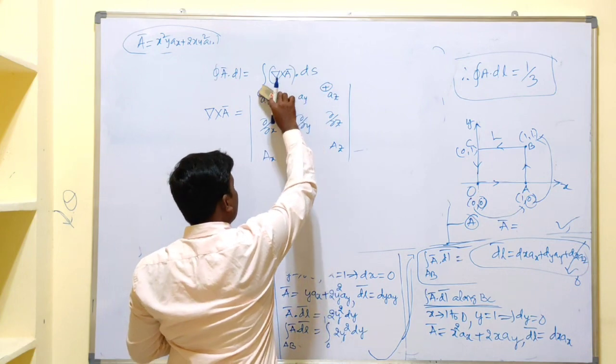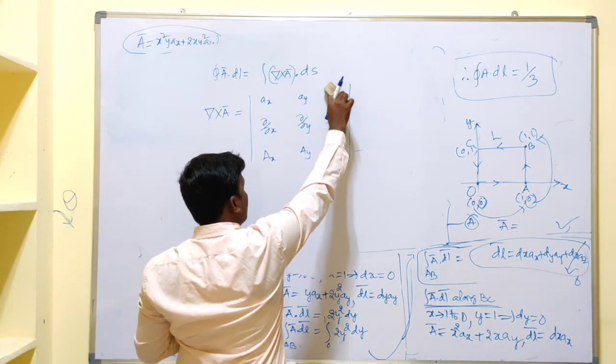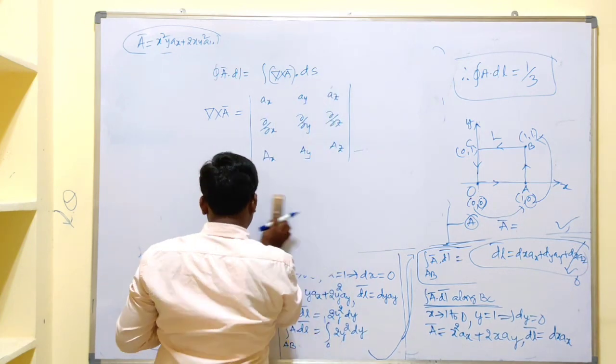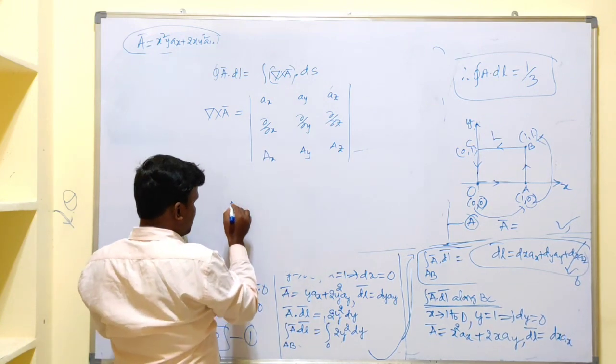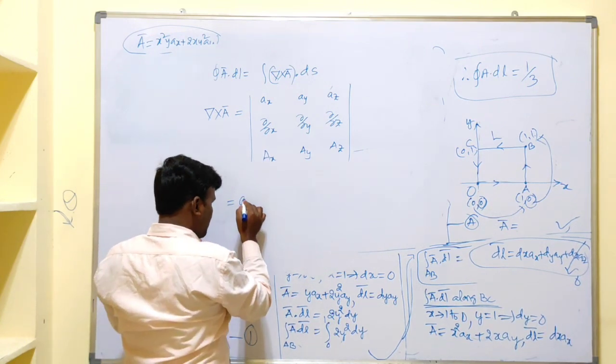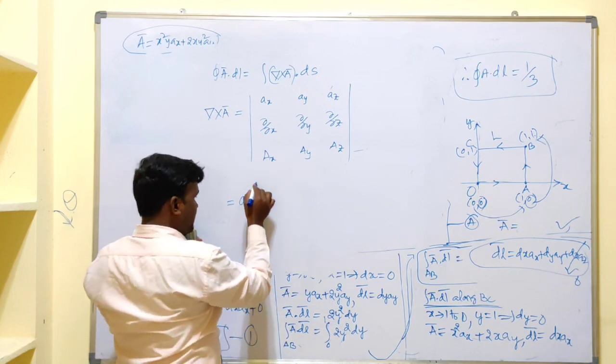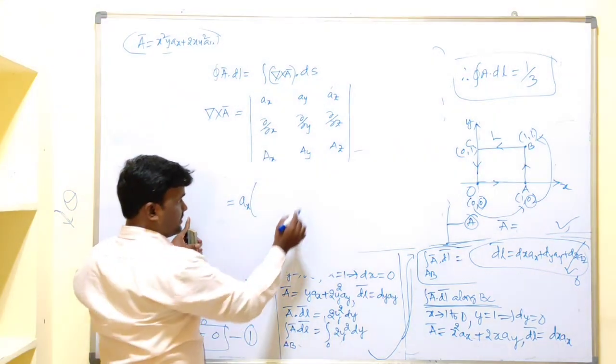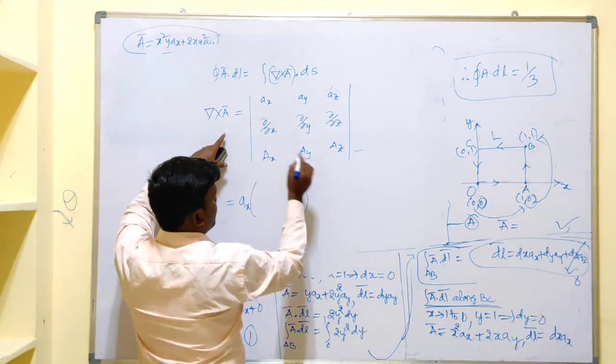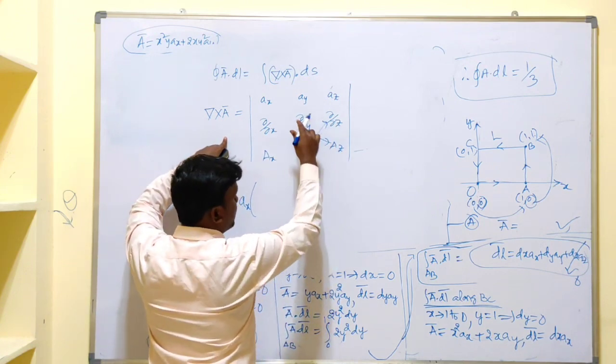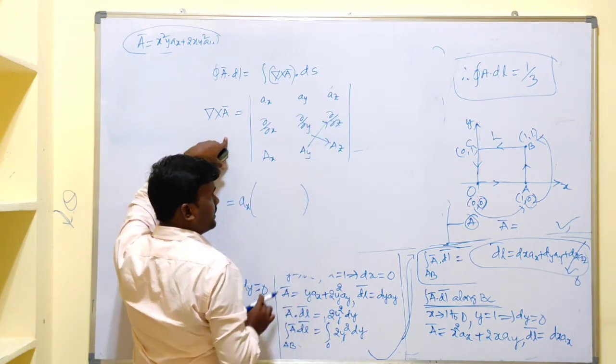I already told you about this. We can expand in the Cartesian coordinate system like this: first write the unit vector ax, after ax write the differential elements, that is dou by dou y of Az, dou by dou z of Ay.